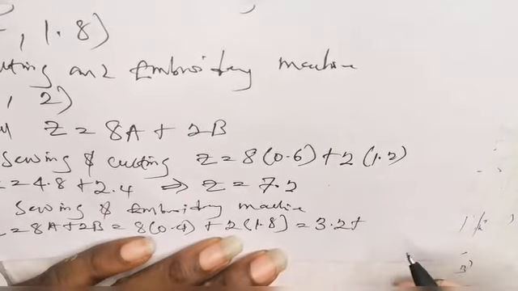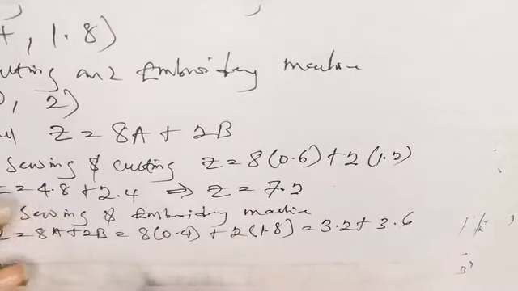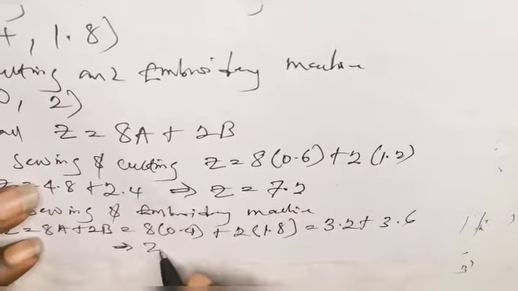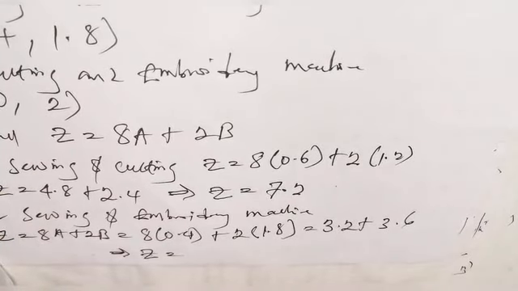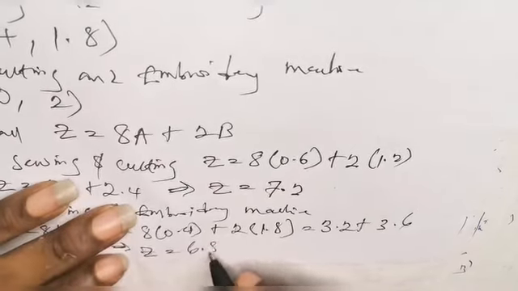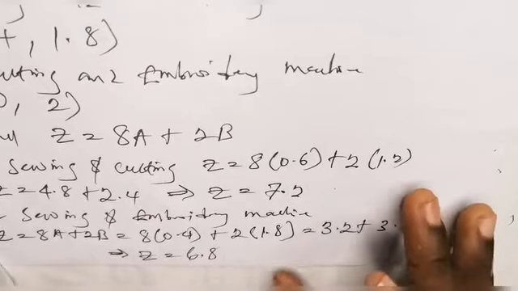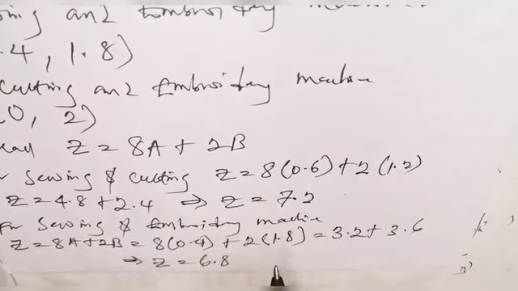So z becomes 3.2 plus 3.6, that gives us 6.8. So the objective function z gives us 6.8 when we consider sewing and embroidery machines.